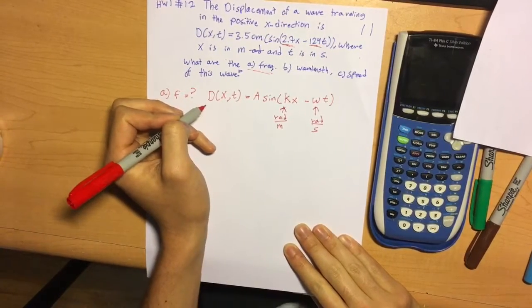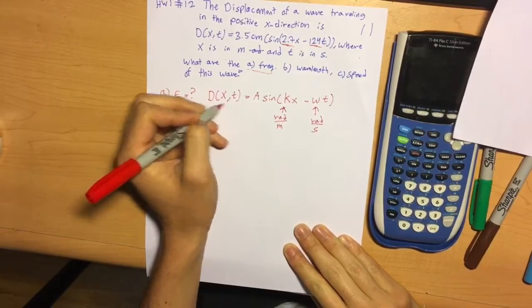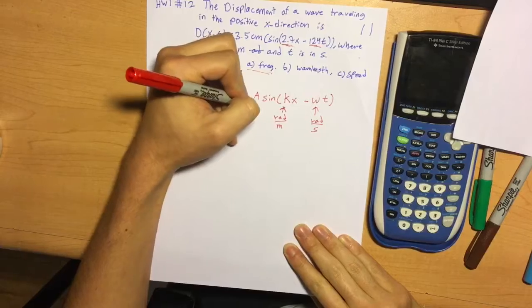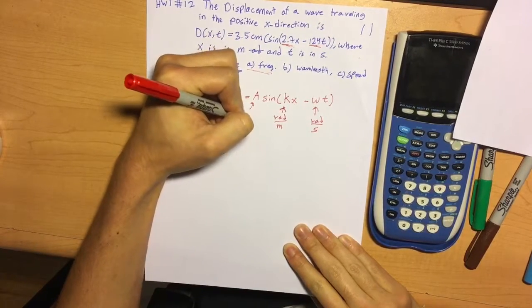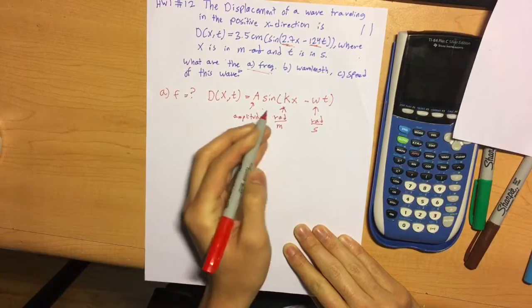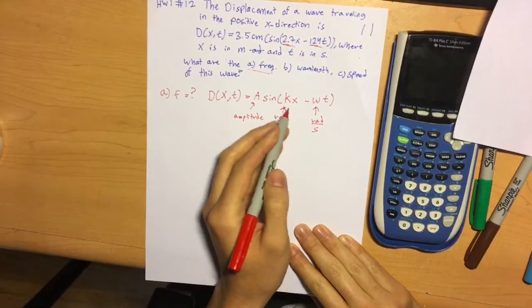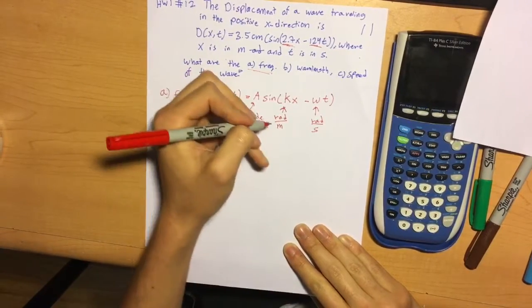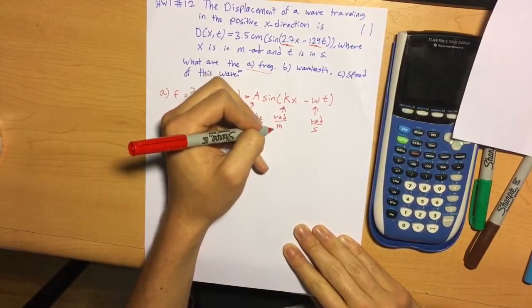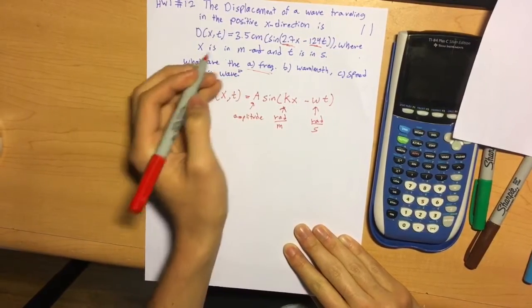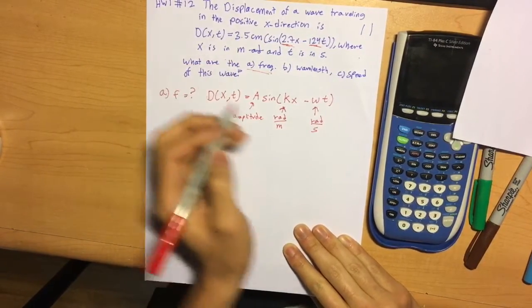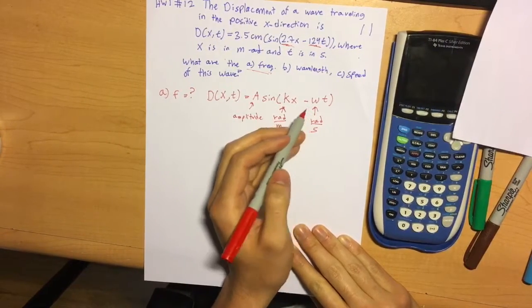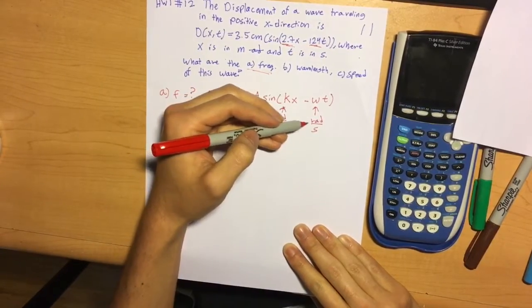We know from lecture that the equation for a wave is d(x,t) equals A, where A is the amplitude, sine of kx minus omega t, where k is the circular wave number, given in rad over distance, so in this case rad over meters since we are dealing in meters, and omega is the angular frequency, given in rads per second.